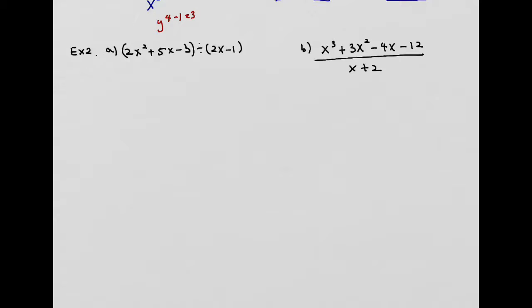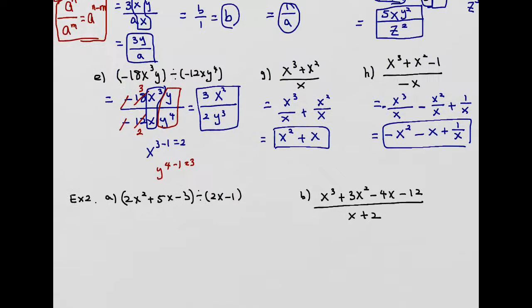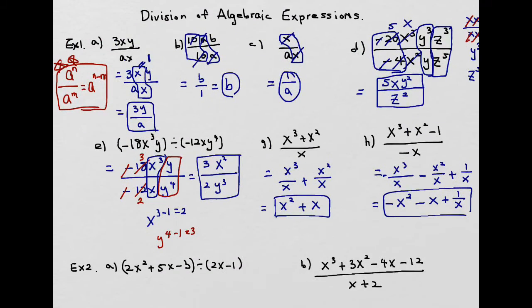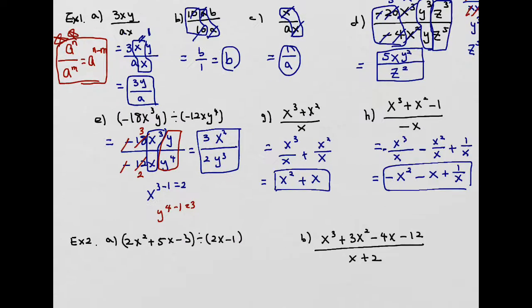Next example we're going to look at in the division of algebraic expressions is when you have 2 terms. When I say 2 terms, you're dividing with more than 1 term. Before, in all the other examples, such as example 1, your denominator was 1 term, right?